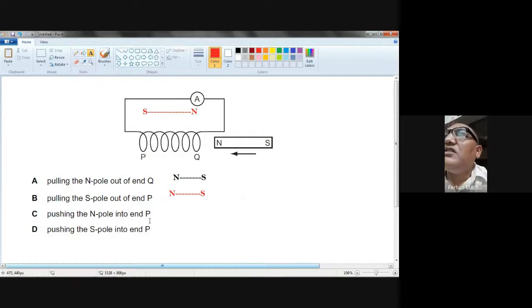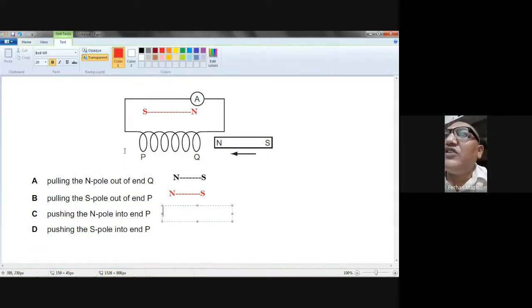If you push a north pole into the end P, a north pole will appear there, and on the Q we will have a south pole.